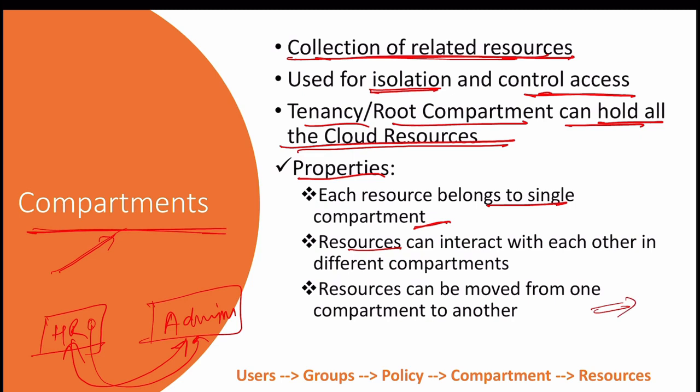So this is the feature. But each resource belongs to only a single compartment. We can say this VM should be part of this compartment, and both can't be done, only one at a time.